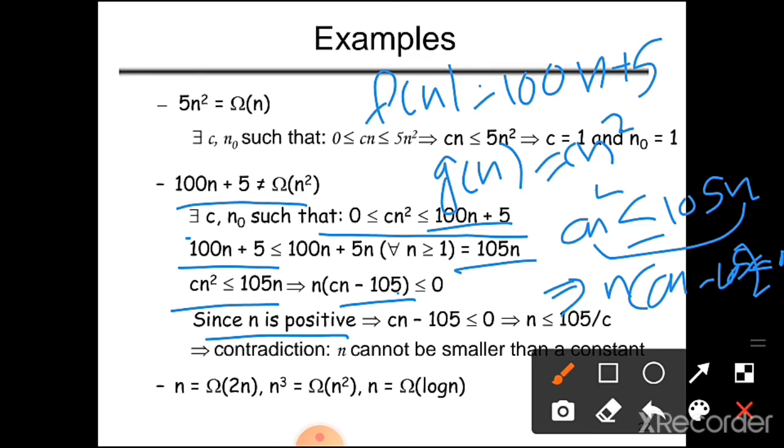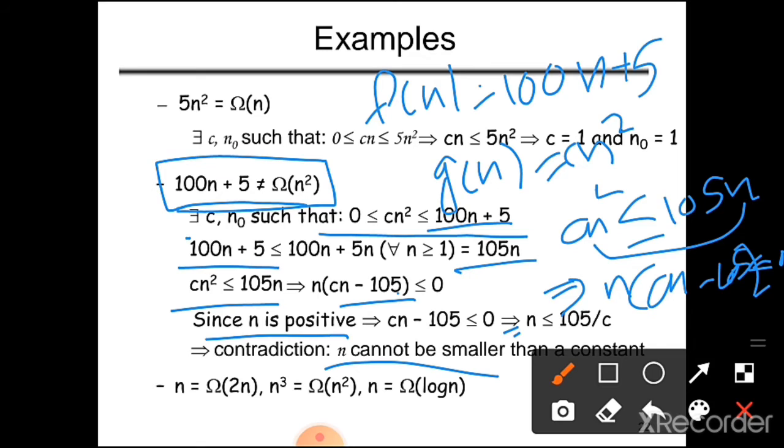Since n is positive, c n minus 105 is less than or equal to 0, which implies n is less than or equal to 105 by c. But this is a contradiction: n cannot be smaller than a constant, as n is always a larger value. So 100n plus 5 is not equal to omega of n square.